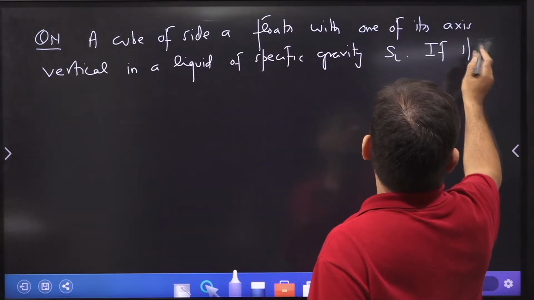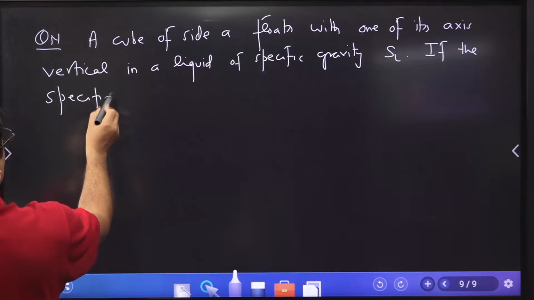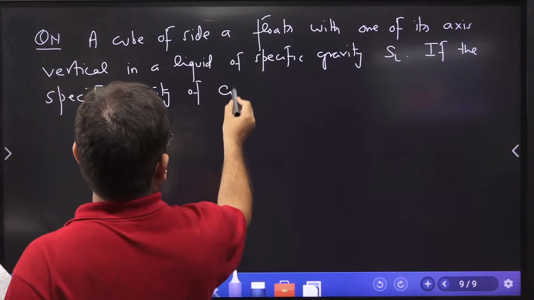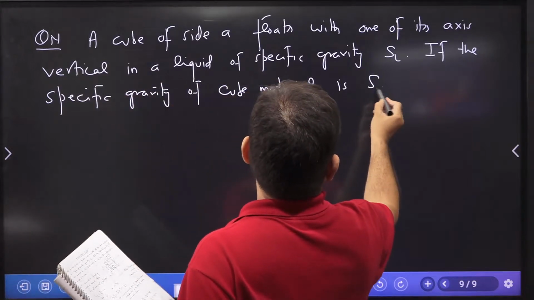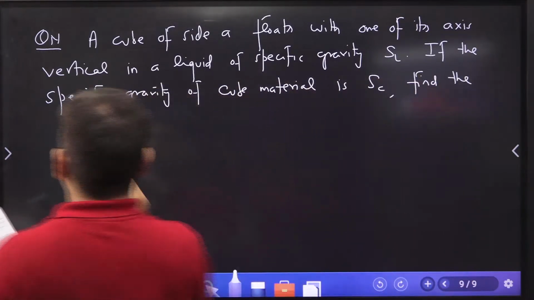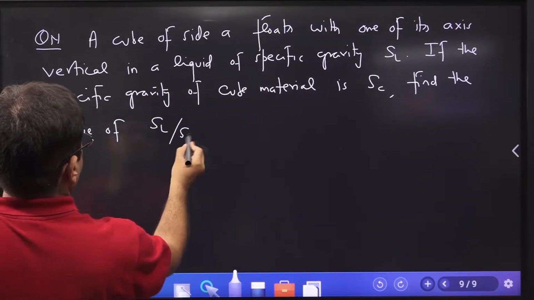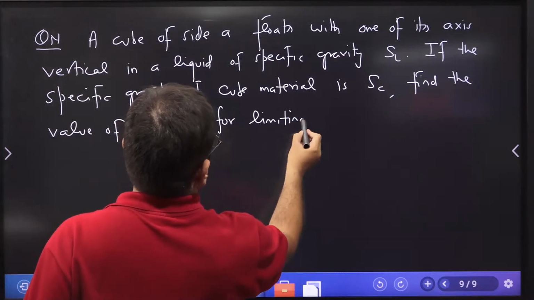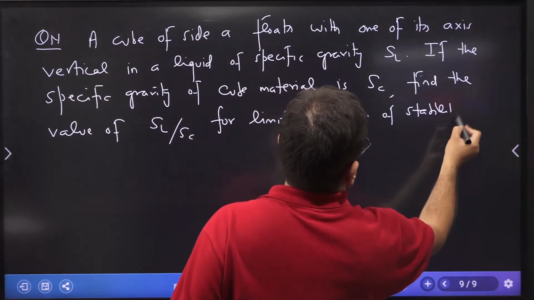If the specific gravity of the cube material is SC, find the value of SL over SC for the limiting condition of stability of the body.